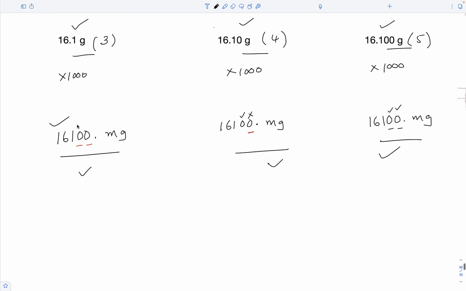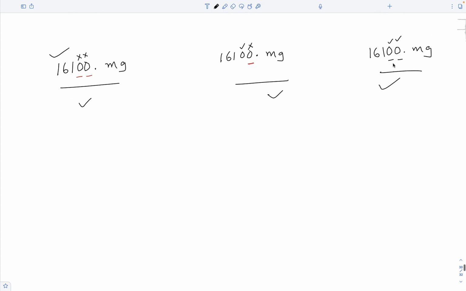And in this case, neither of these trailing zeros are significant. But by looking at these measurements, it is impossible to differentiate these zeros. Then how do we convey to the reader that in this case, both the zeros are significant? In this case, one is significant and one is not. And in this case, neither of them are significant.